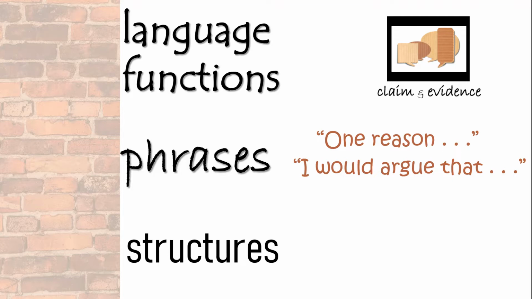Students also use them to effectively organize and communicate their thinking for others. In terms of structure, it is common to expect that a claim would be presented first, followed by a piece of evidence, and then finished by a statement that explains the significance that that evidence has on the claim. Likewise, all the other language functions have a structure to them that can be visually represented as a graphic organizer.